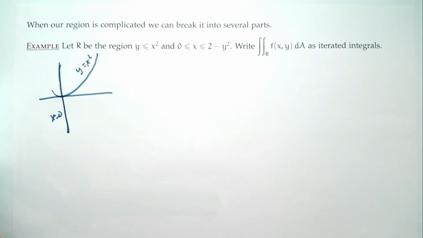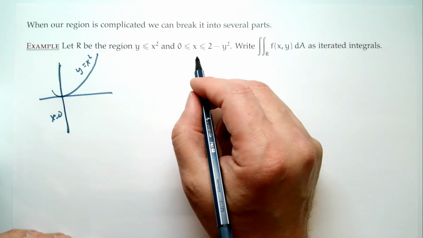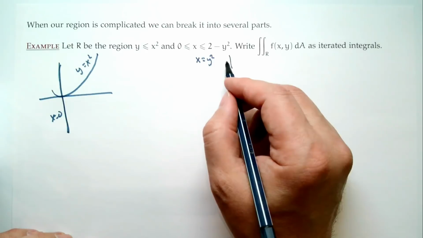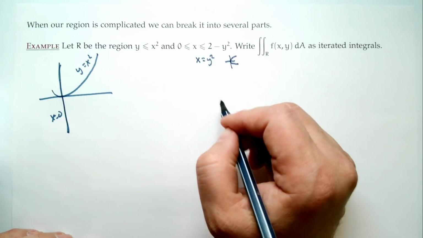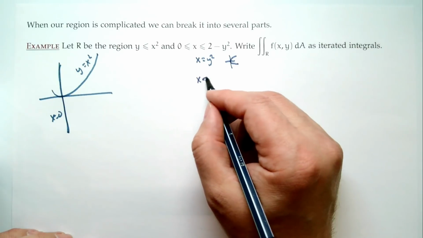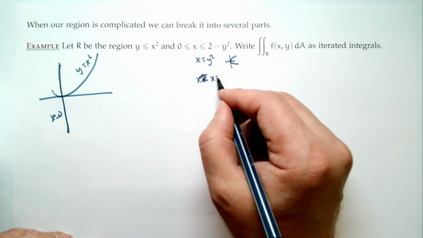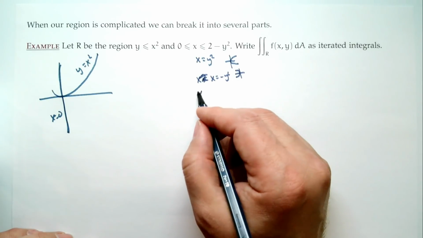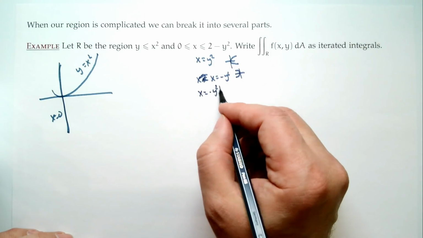x equals 2 minus y squared. What does that look like? Parabola opening left moves over 2. Wow, yes. Good. So, if you're not sure, just build it up. x equals y squared is a parabola. Turn it on its side. x equals minus y squared flips it across the axis. And then if you add 2, that's a shift.